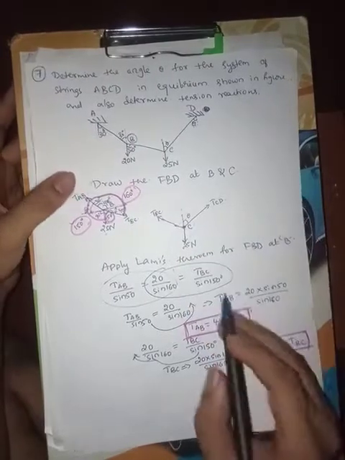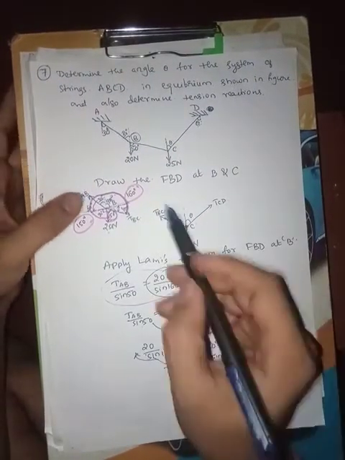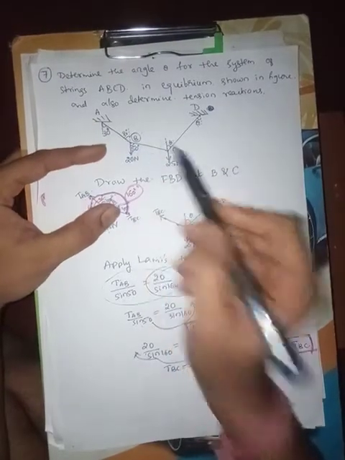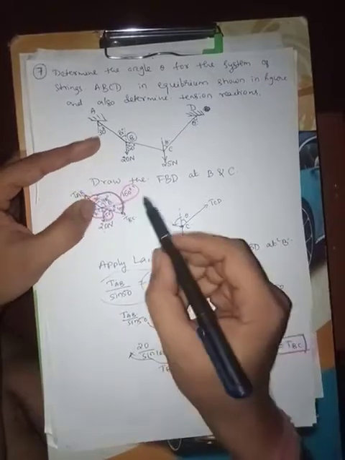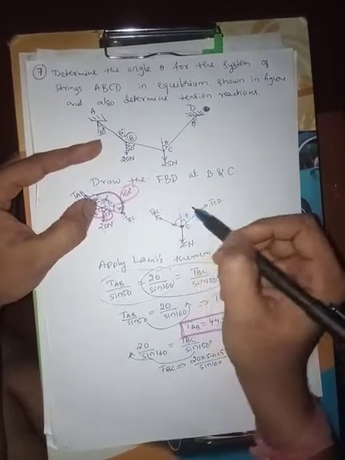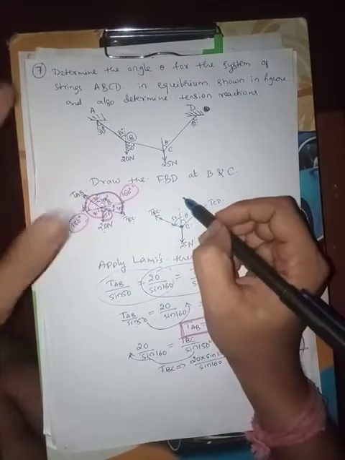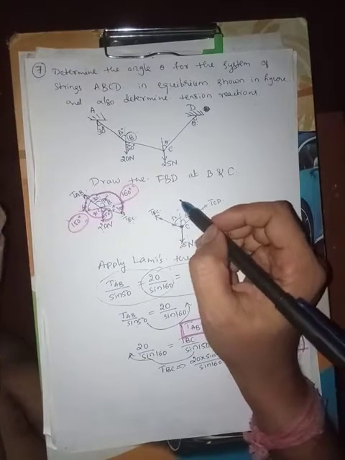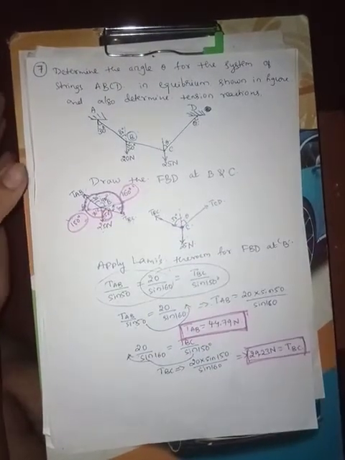Now come to here at point C. The free body diagram we have drawn. If this angle is 50 degrees, this angle is also 50 degrees, as we already derived, from the geometrical property that alternate angles are equal to each other.